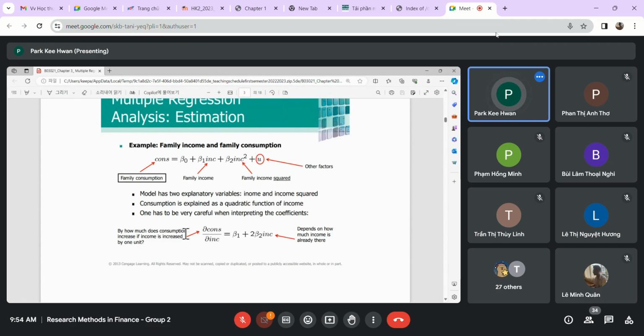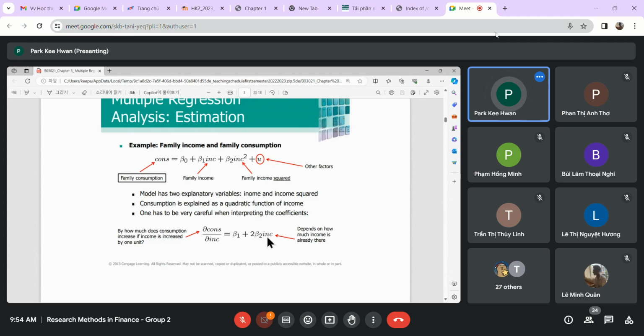So this partial derivative measures how much consumption changes if income increases by 1 unit. That's what we call in economics the marginal propensity to consume.